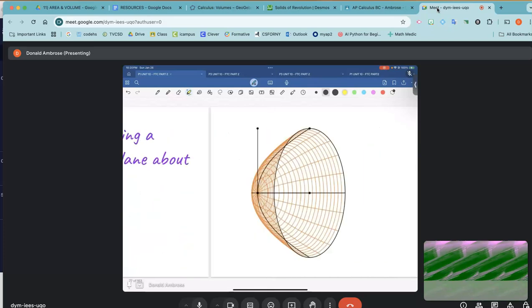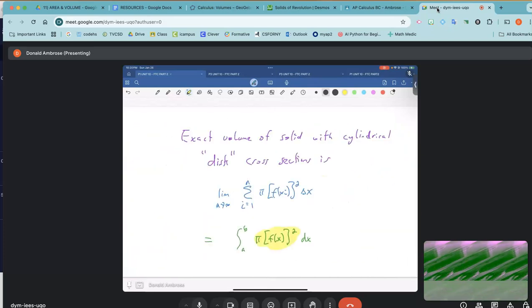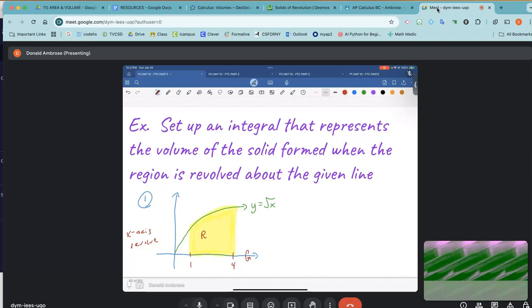So for any one of these types of solids, this is our volume formula, and the integrand is going to be, and I'll always reference this, our cross-section area. Any volume problem that we deal with in this unit is going to be a definite integral, and the integrand will always represent the cross-section area to our solid. So that being said, we'll look at a couple examples.